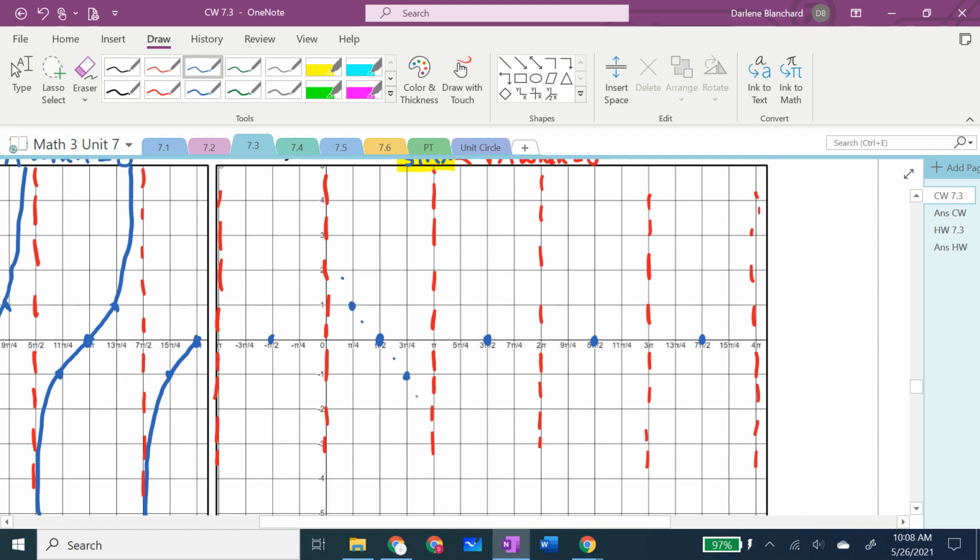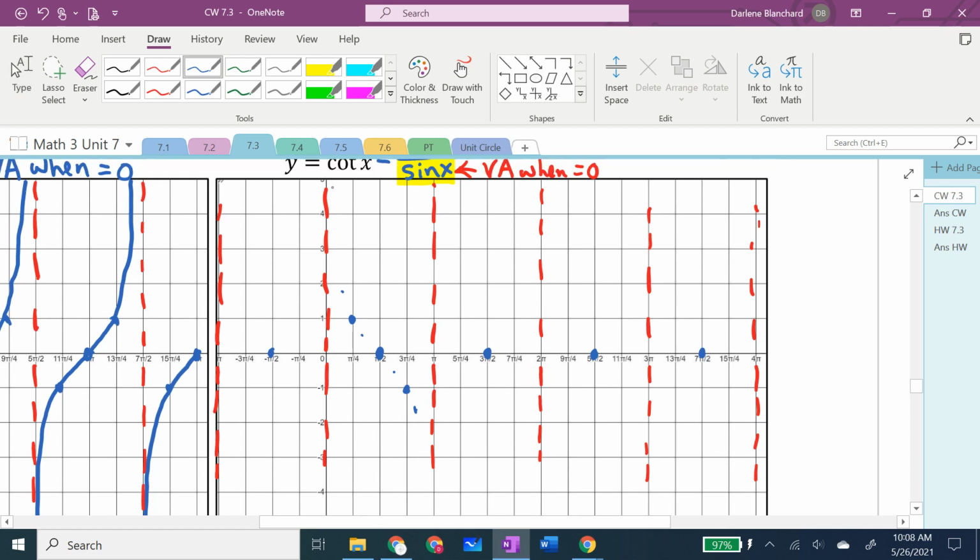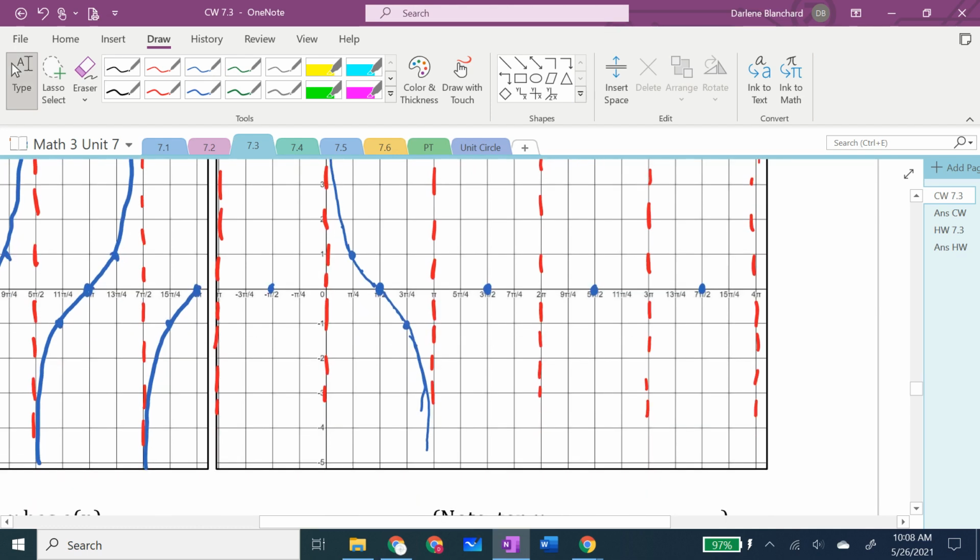I'm throwing in those approximation numbers, because those are the numbers for root 3 and 1 over root 3 for the tiny dots. By just looking at those, do you see that cotangent heads downward? That's the difference between tangent and cotangent graphs: whether it heads upward or downward. It's also about the positioning of the asymptotes and the zeros.